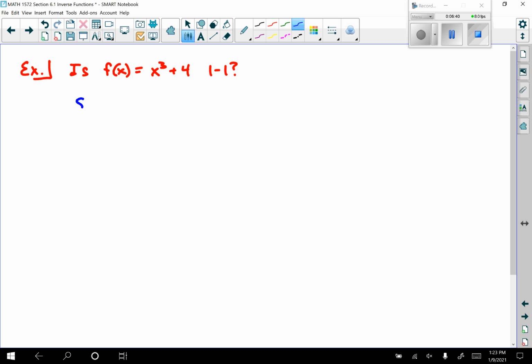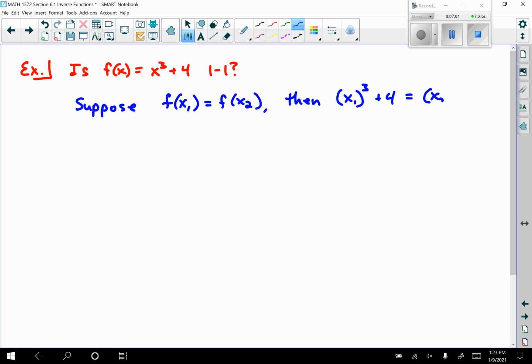Right now, let's just suppose that the outputs are the same. If they are, then x sub 1, our first x value, our first input cubed, plus 4, should equal our second input cubed, plus 4.